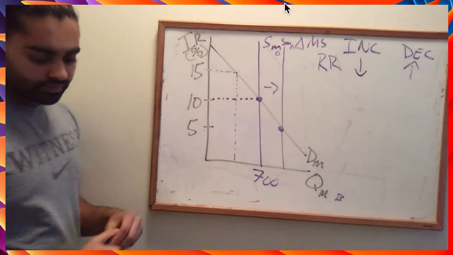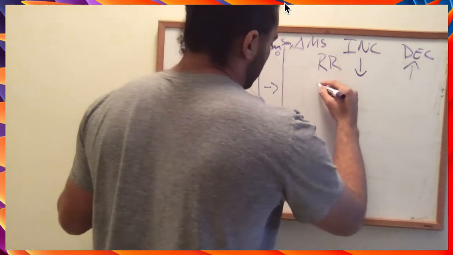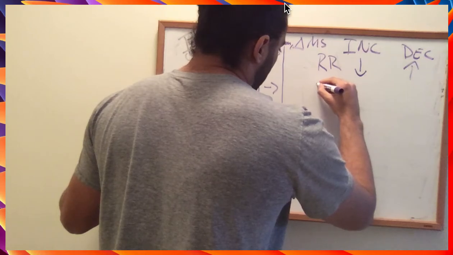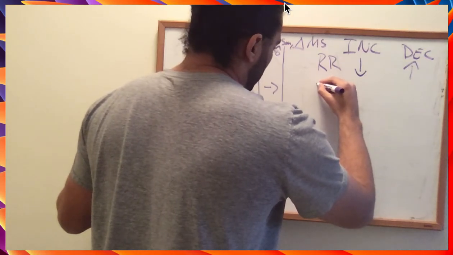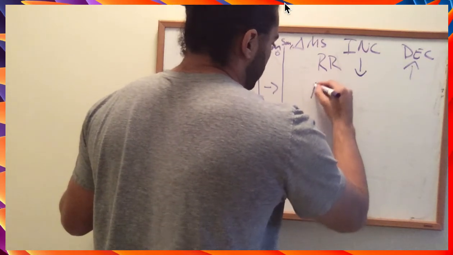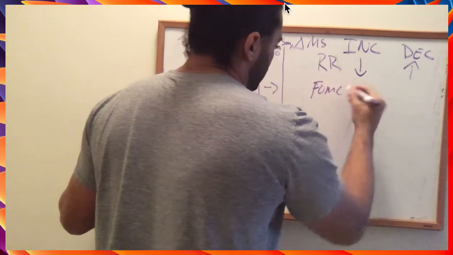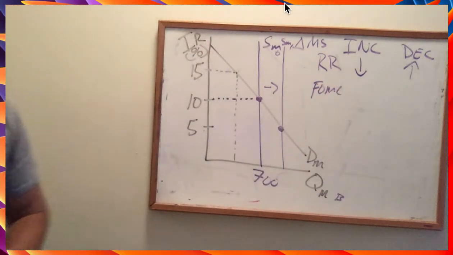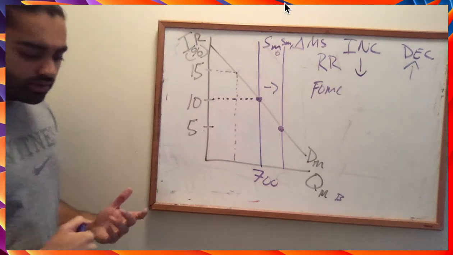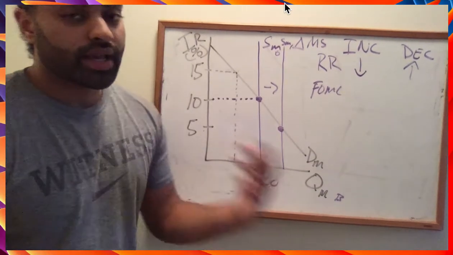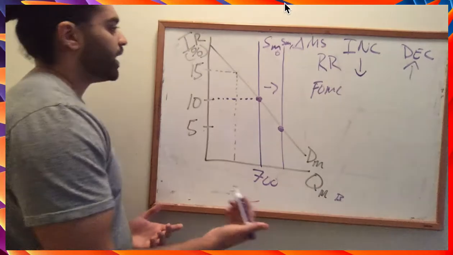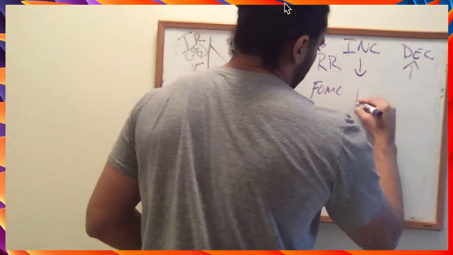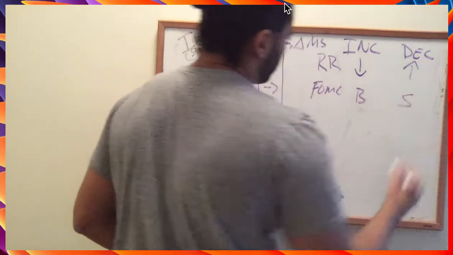Now the next thing is open market operations. So the FOMC conducts open market operations. What they do is either buy or sell bonds. If we want to increase the money supply, we want to buy. So I'm just going to put buy, and then sell for decrease.